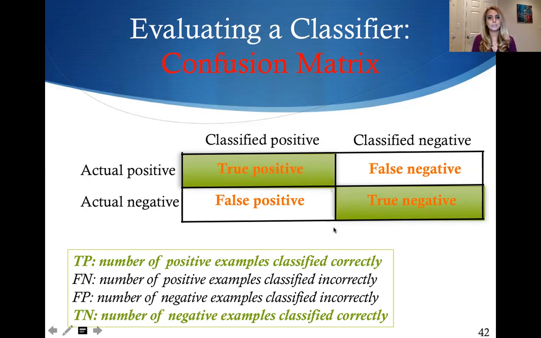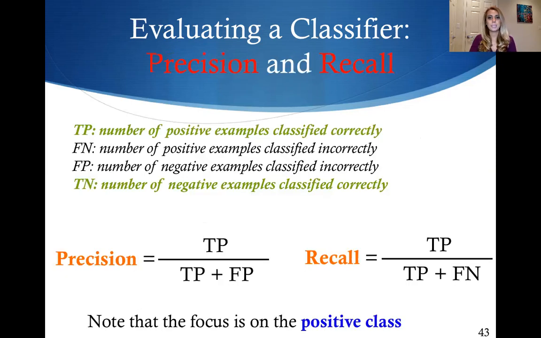Based on this matrix, we can have the number for each group: the true positive, false positive, false negative, and true negative. That's a confusion matrix that will tell us a lot about how our classifier works in a positive way and in the negative way.